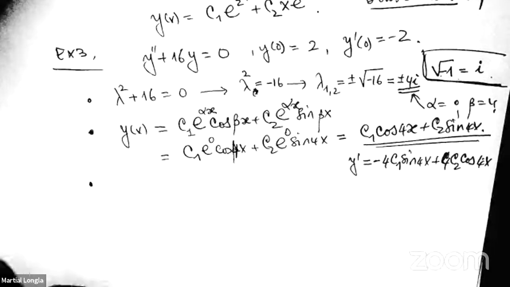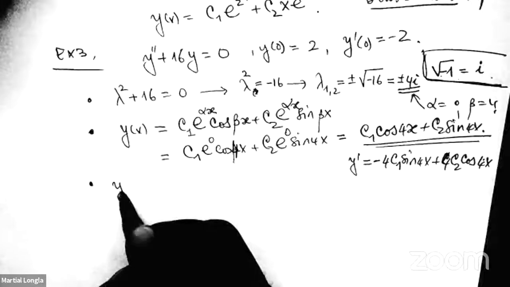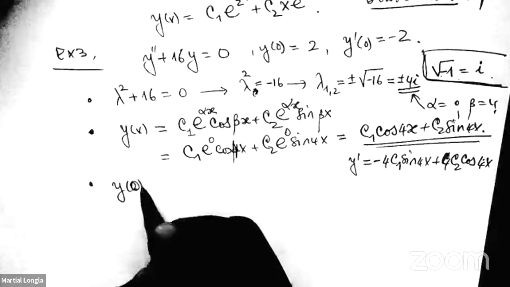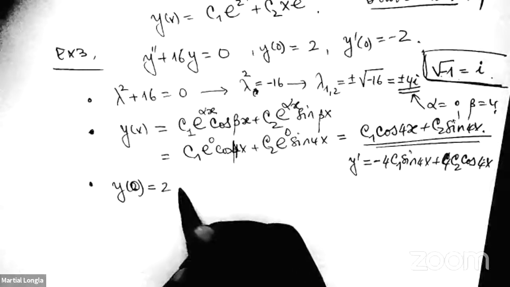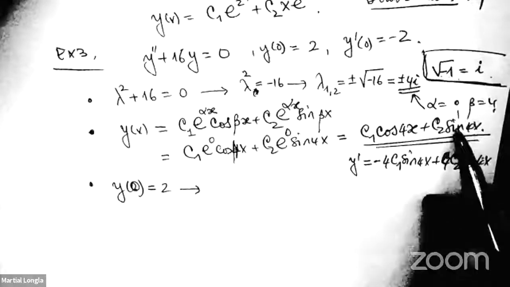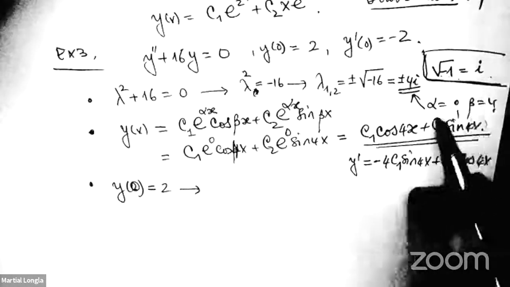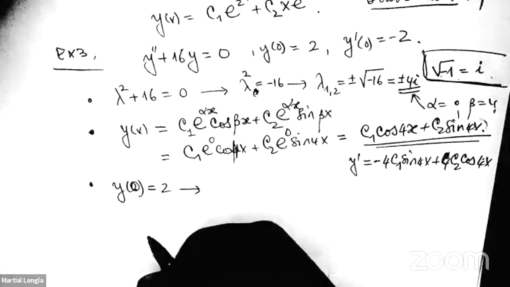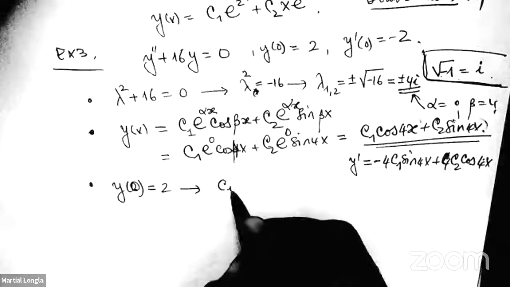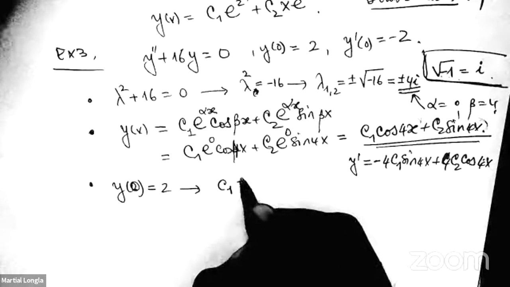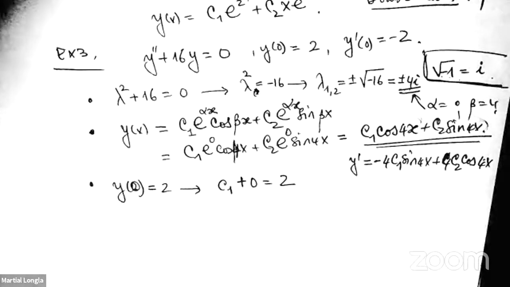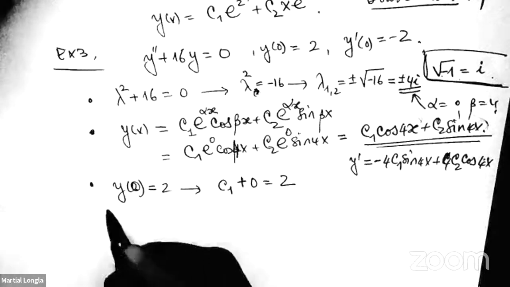And so y of 0 equals 2 implies what? I plug in 0 for x. Sine of 4 times 0 is 0. Cosine of 4 times 0 is 1. So that's C1 plus 0 equals 2. Right away, you get C1 equals 2.